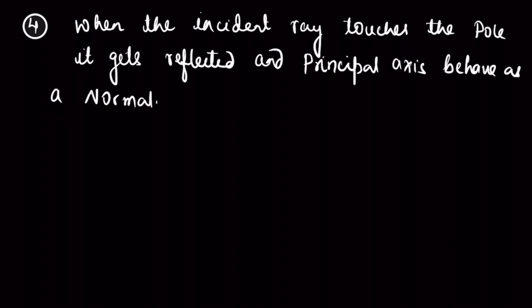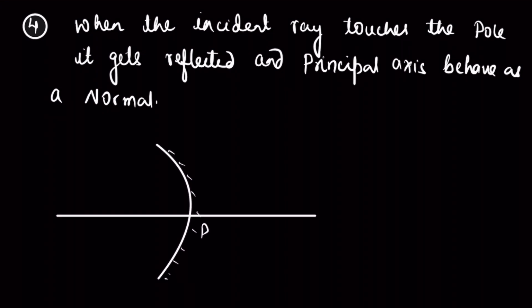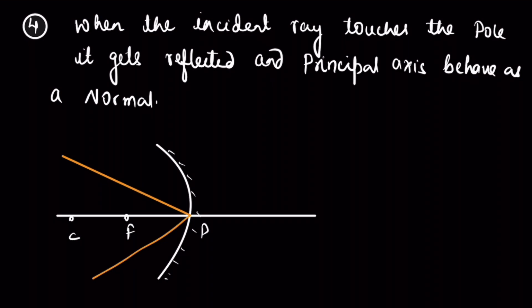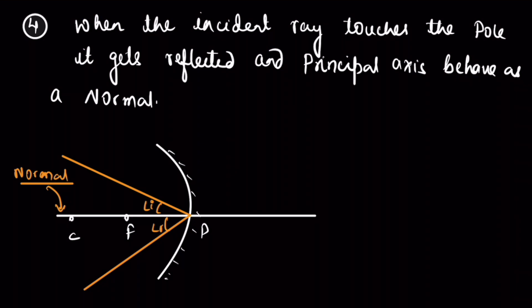If we have a concave mirror, pole, focus, center of curvature, if the incident ray passes through the pole, it reflects. This is our angle I, angle R, and the principal axis behaves as a normal. The same thing applies for the convex mirror.